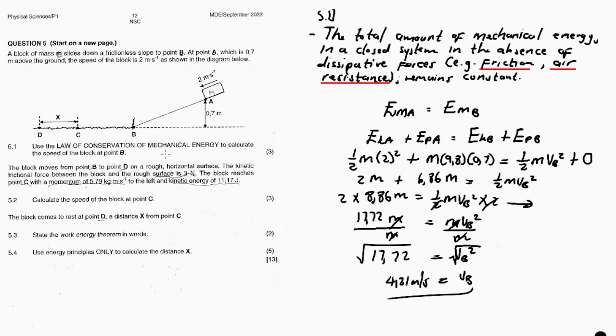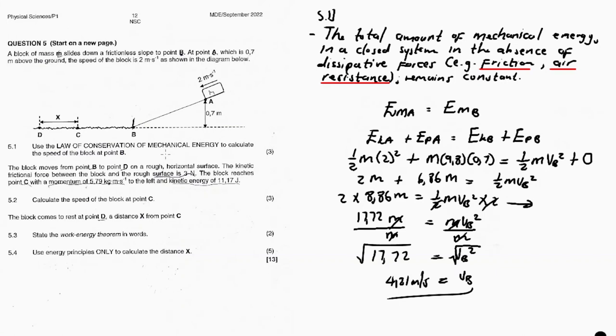The block reaches point C with a momentum of 5.79 kilogram meter per second to the left. Remember, momentum is a vector, so we need to specify direction. It's to the left, in the direction of motion, and the kinetic energy is 11.17 joules.